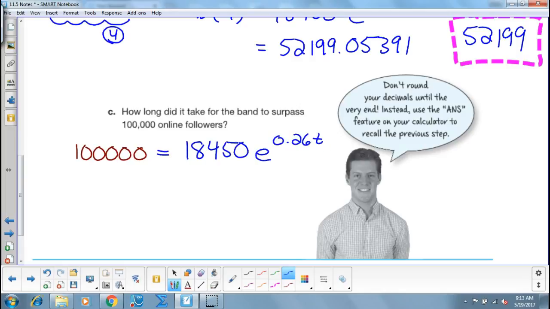We can handle this one. What would you do first, based off of what we learned yesterday and the day before? Okay, so we're going to divide both sides here by 18,450.